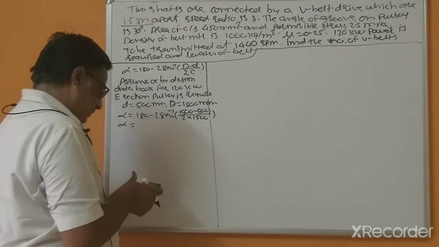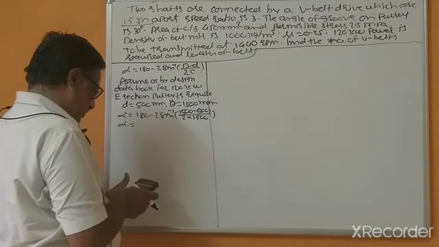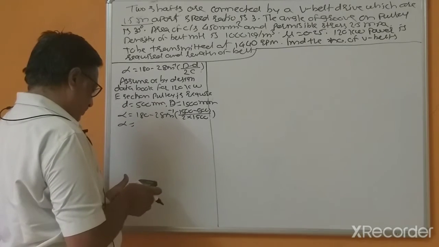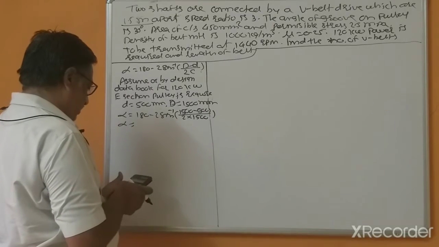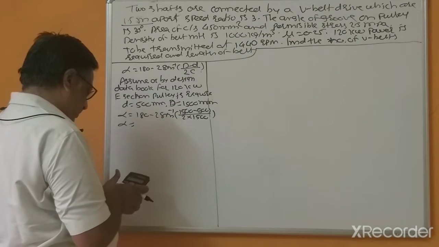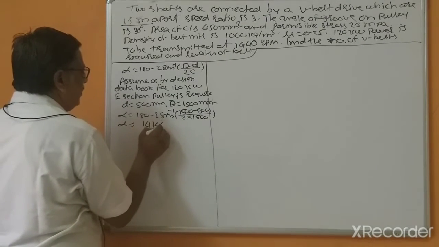Alpha equal to 1000 divided by 3000, sine inverse, multiplied by 2, multiplied by 180, is 141.05 degrees.